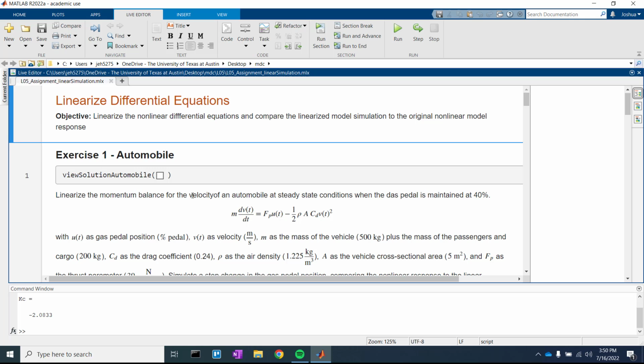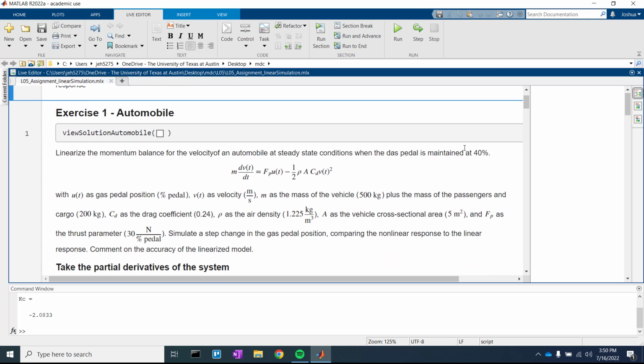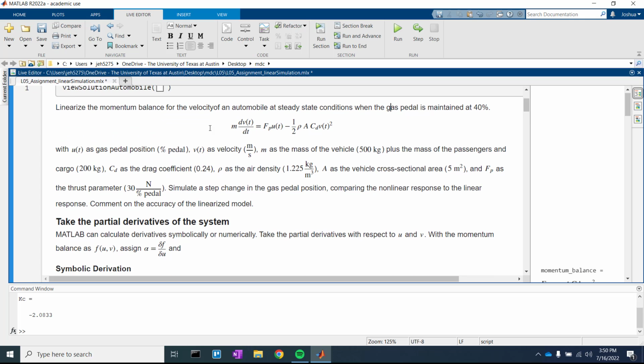So we're going to linearize a momentum balance. We're going to notice that the gas pedal is maintained at 40%. We have this momentum balance where momentum is mass times acceleration, which is the derivative of velocity with respect to time. That's equal to Fp times ut.